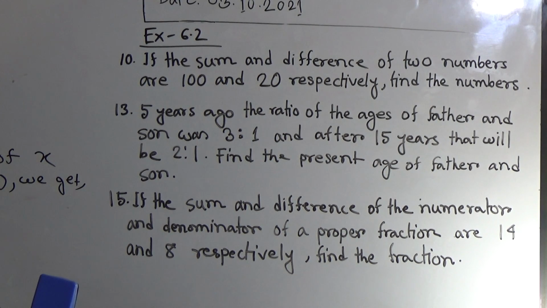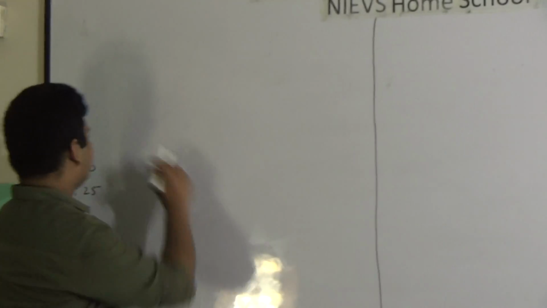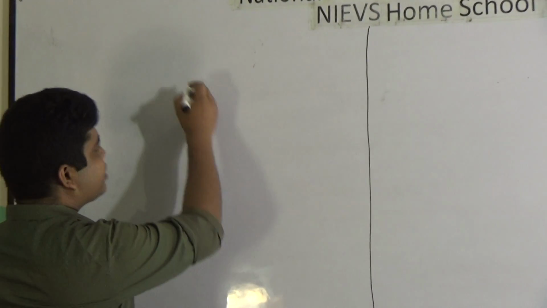I hope you have understood how to solve this math. So first of all, we need to consider the present age of father is x years and the present age of son is y years. My dear student, we need a lot of space. For this reason, we divide this board into two sections. Okay. So notice here question number 13.